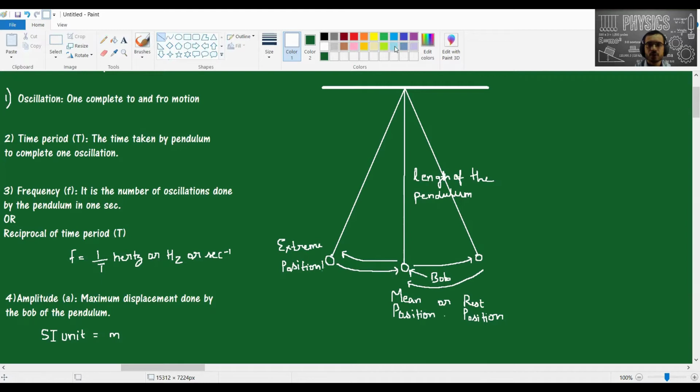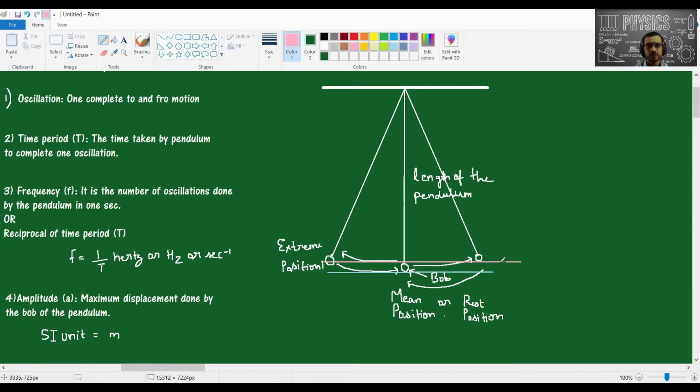So I'm going to draw a blue line which shows the level of pendulum. Clear? Suppose this is the level of pendulum, and this is the level of its displacement. See, it has been displaced by this length. So this difference is vertical displacement.